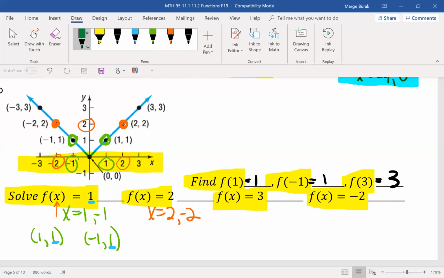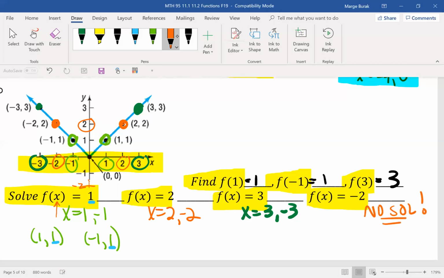For f of x to equal 3, that's this point right here. So there's my input, and there's my input. So x would equal 3 or negative 3. What about negative 2? How am I going to get a negative 2? It's not going to happen because there's nothing down here. Negative 2 would be down here, and my function doesn't go down there, so no solution on that one.